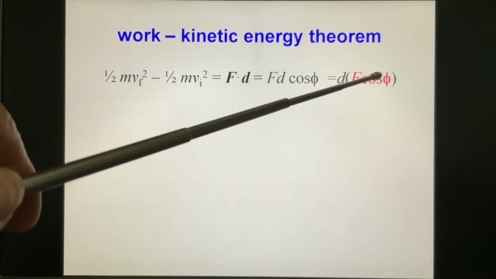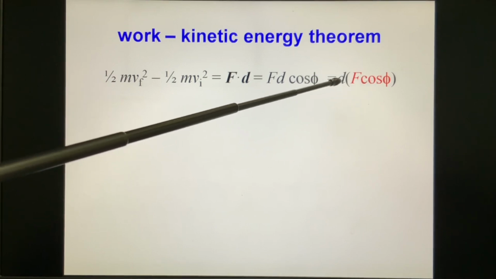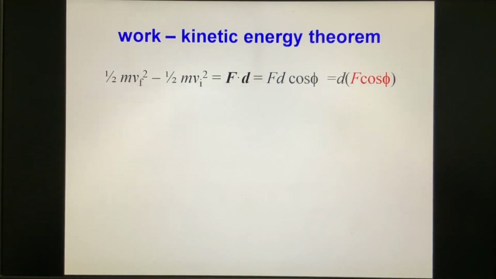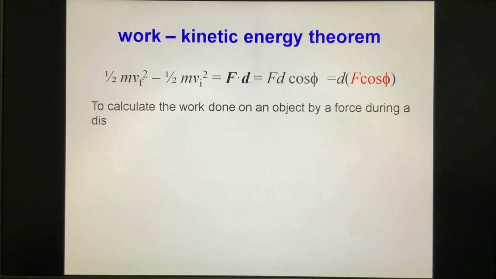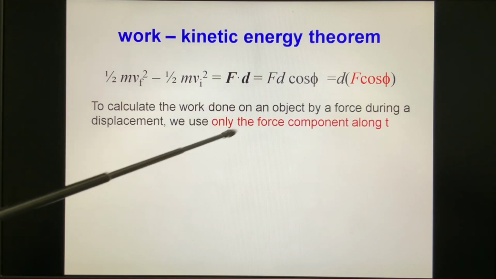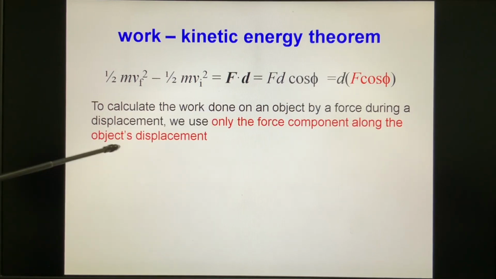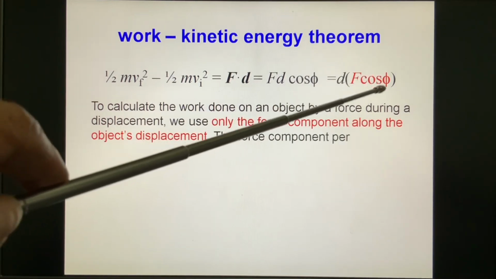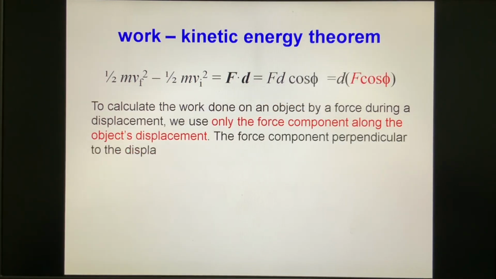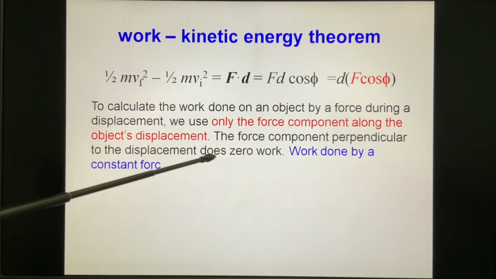This is the component of F along the displacement d. To calculate the work done on an object by the force during a displacement, we use only the force component along the object's displacement, F cosine phi. The force component perpendicular to the displacement does zero work.